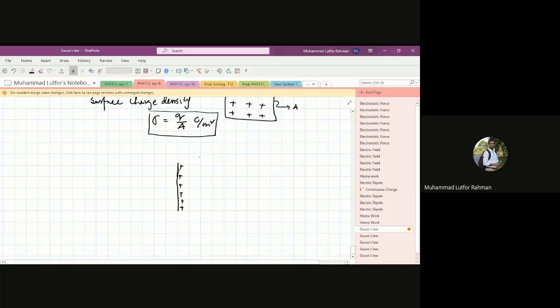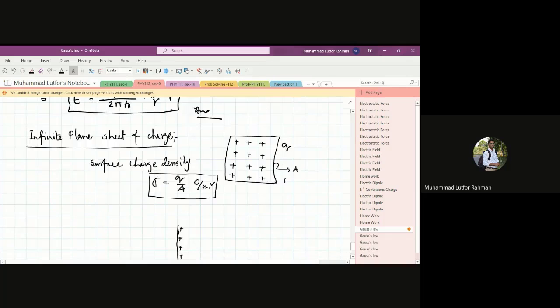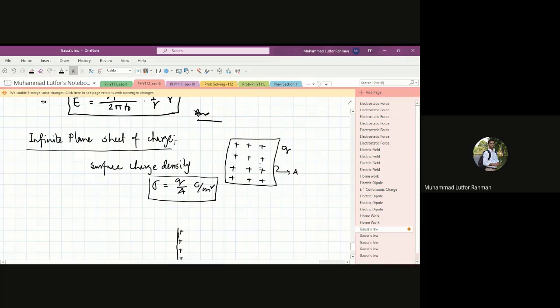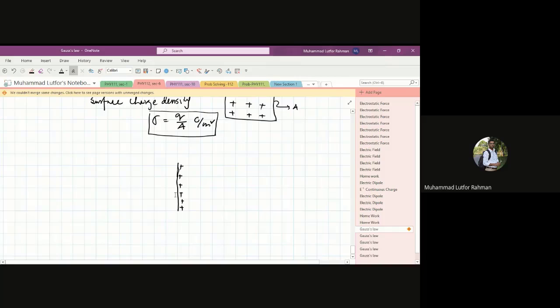This is one side of the sheet, and another side, say, is into the screen. So if that is the case, then I am going to find the electric field for this infinite plane sheet. I know the charge of this sheet is Q.